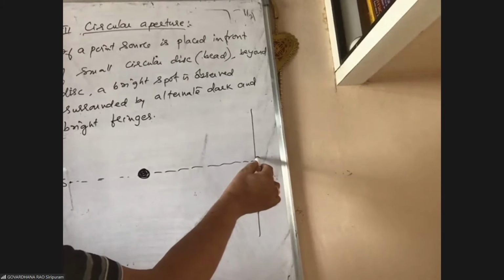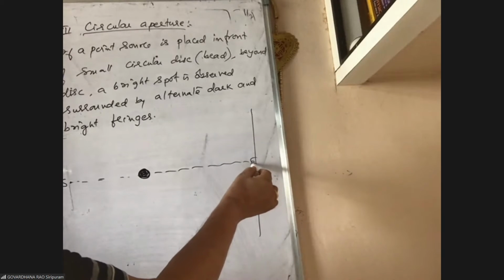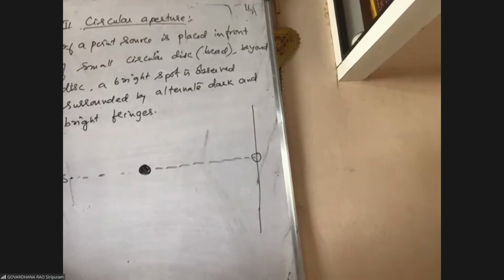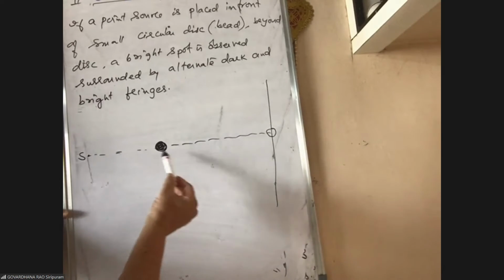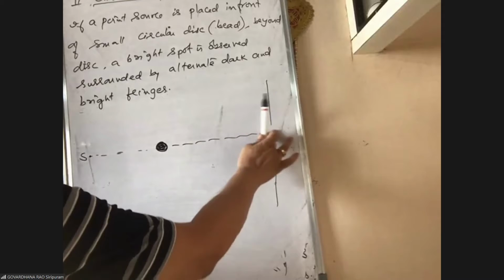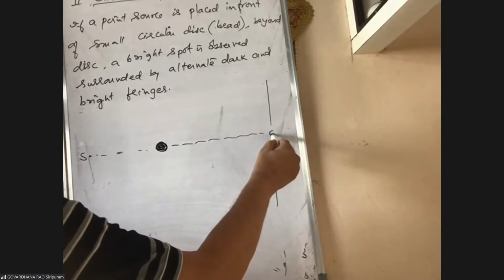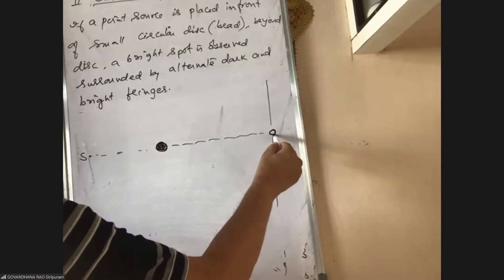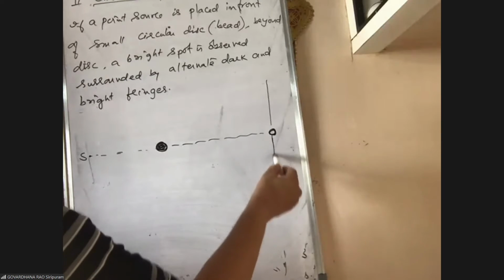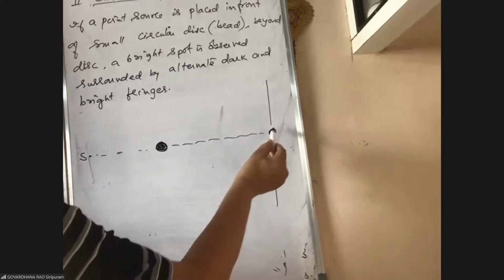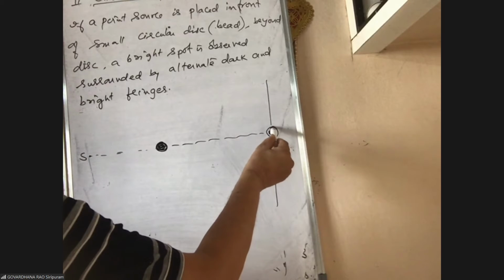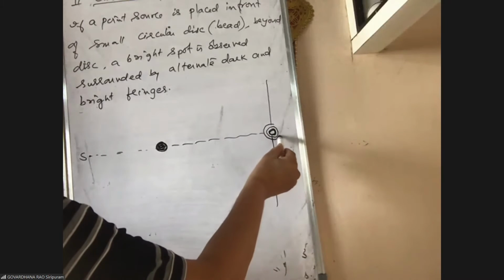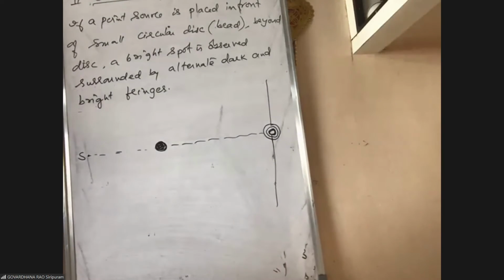Now, exactly opposite to this, you will observe the bright spot here, exactly opposite, surrounded by dark and bright fringes. Like this, you will observe.